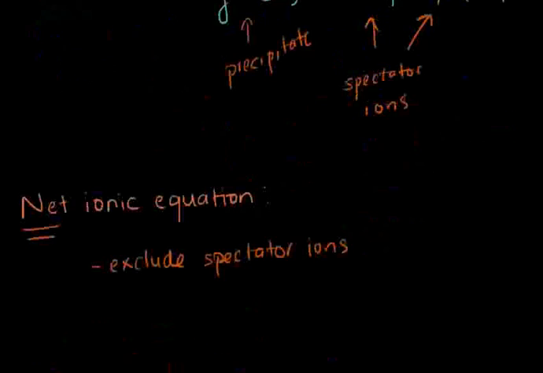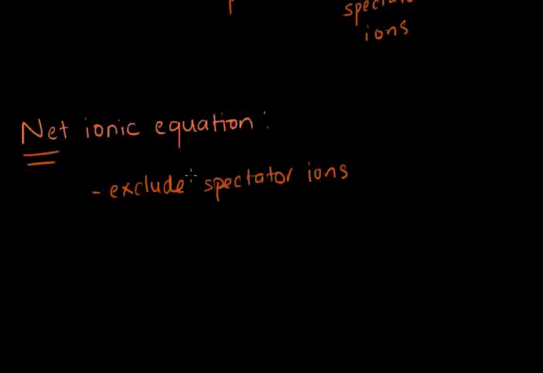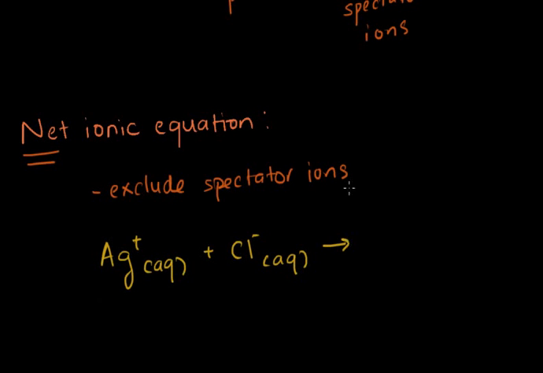Our net ionic equation is just aqueous silver ions and aqueous chloride ions as the reactants, and our product is our precipitate, silver chloride, and that's a solid. So this is a net ionic equation.